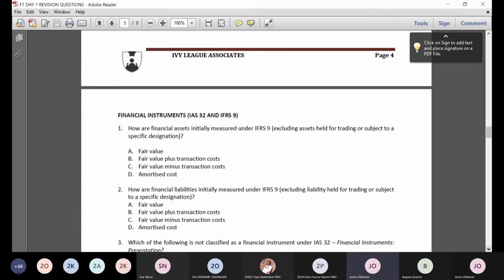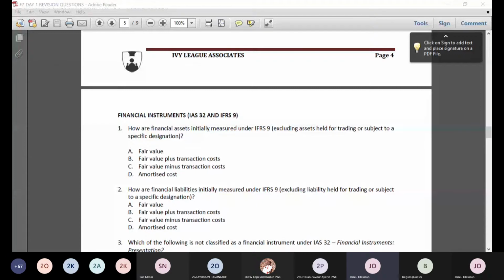So let me quickly run through IAS 32. Luckily, we've done a bit of what IAS 32 is all about today, when we came across that compound financial instrument in that question. I was forced to talk briefly about what IAS 32 is all about.